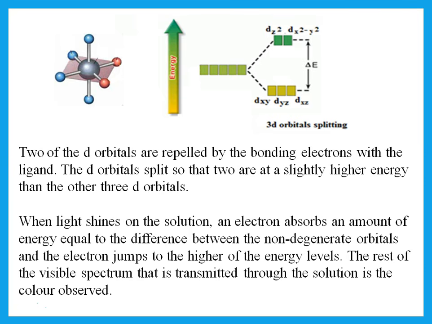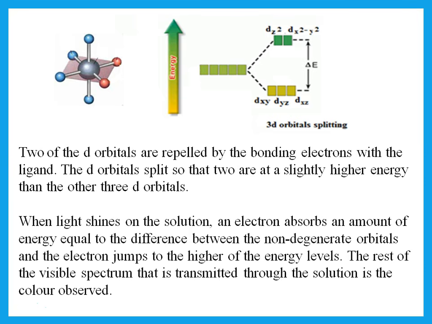So when light shines on the solution, then the electron in the lower energy levels of the d orbitals will absorb a certain amount of energy equal to the difference, the delta E, between the two non-degenerate orbitals, and the electron jumps to the higher energy level.